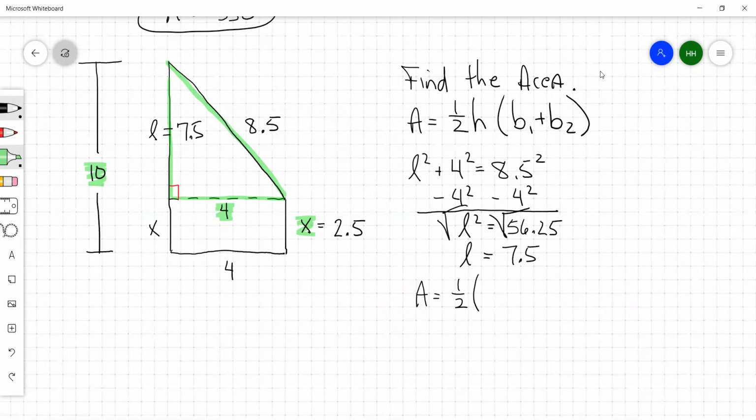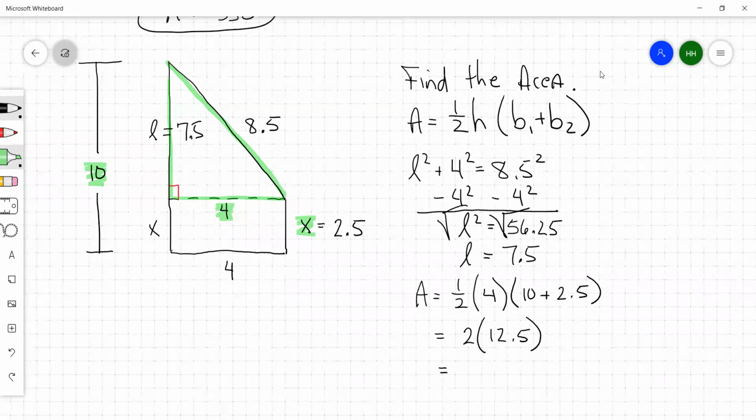What's the height? 4. What's base 1? And what's base 2? 2.5. Good. So 1/2 of 4 is 2 times 10 plus 2.5. Good. And what is 12.5 times 2? 25. So there's your area.